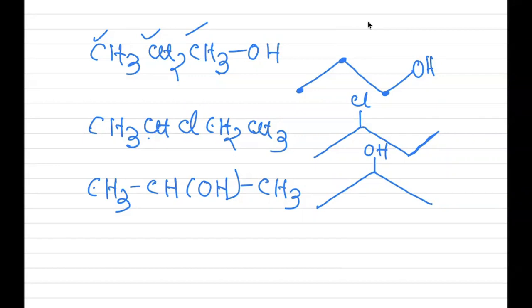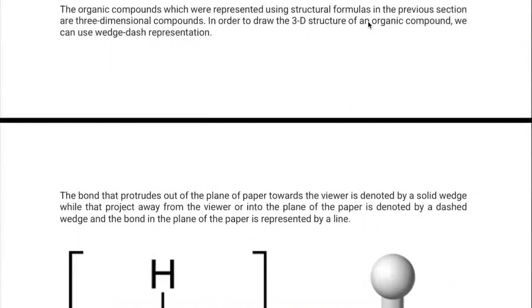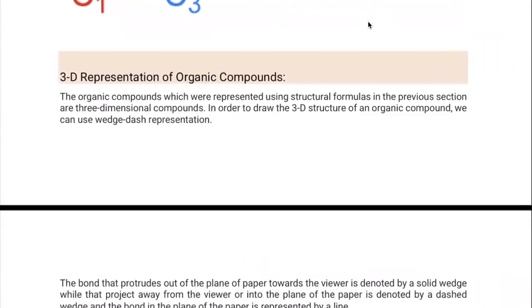Okay. And next we will do the 3D formula. See, the 3D representation of organic compounds, that we have to learn right now. So in organic compounds which are represented using structural formula, some compounds are 3-dimensional.